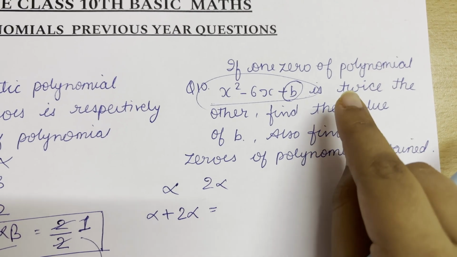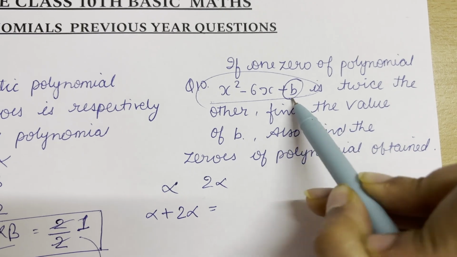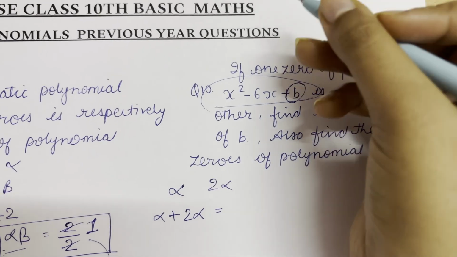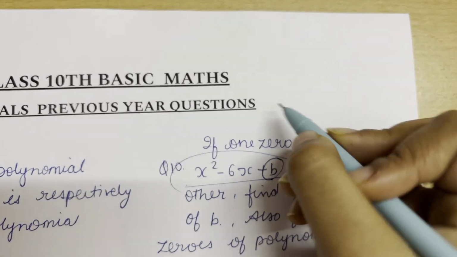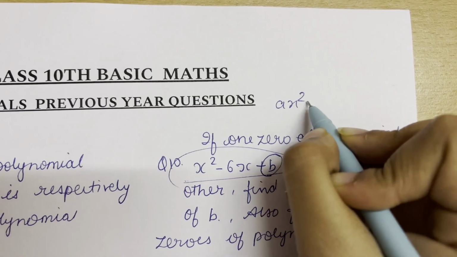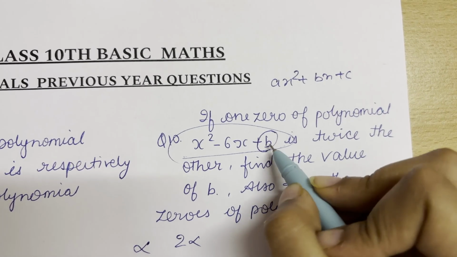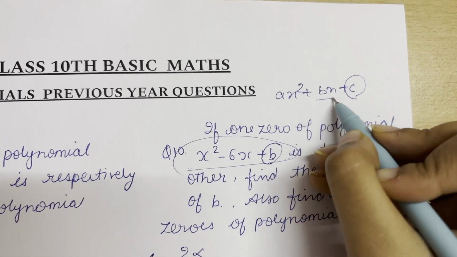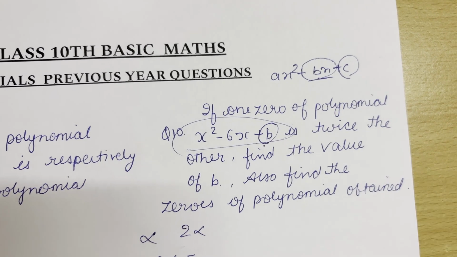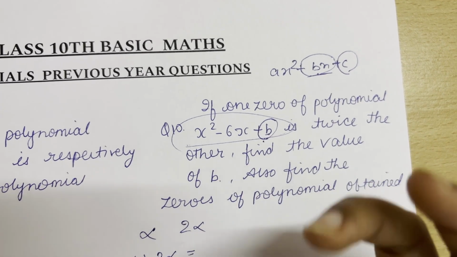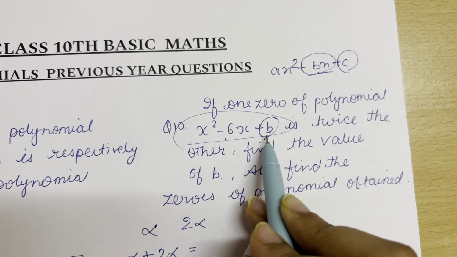One thing you need to remember: don't confuse this b with the b of the standard form of a quadratic equation. I'm writing the standard form, that is ax square plus bx plus c. So here this b is equal to c. Both are entirely different. From this quadratic polynomial, the value of b is minus 6, not this b.